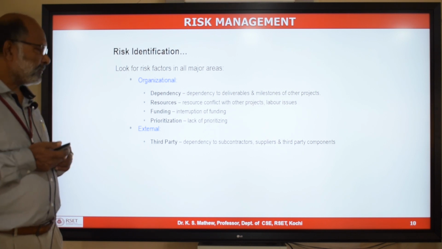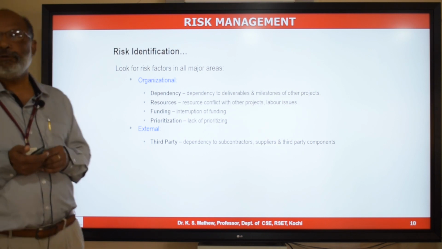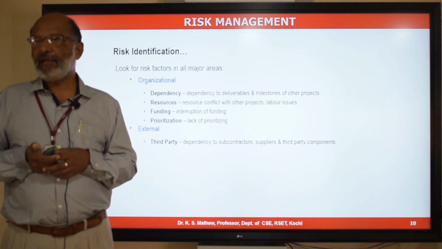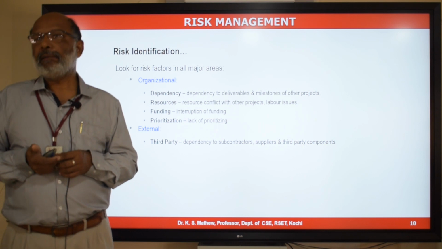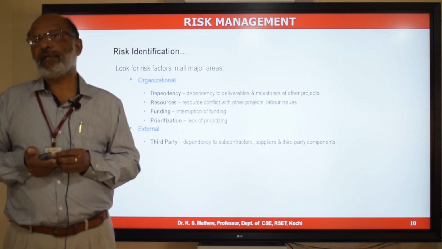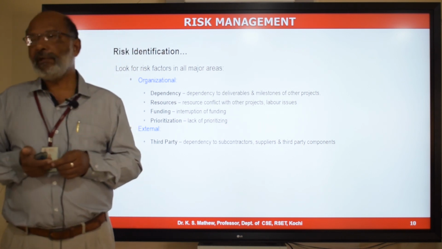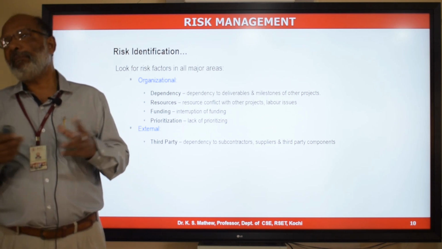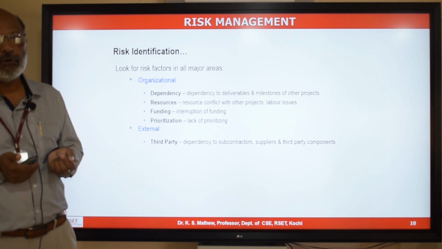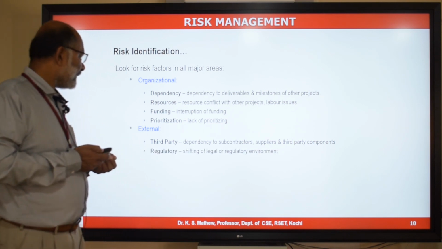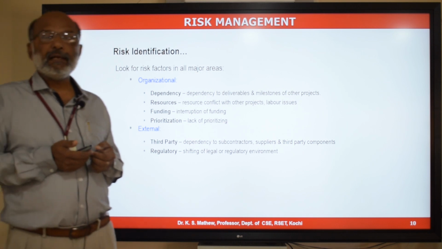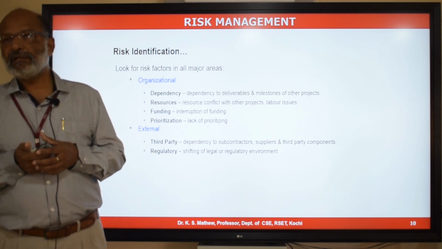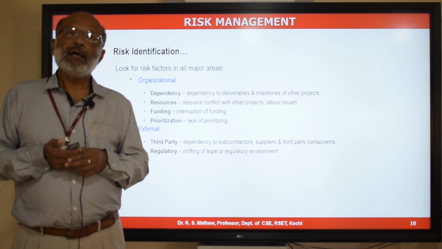Your project may have subcontractors, suppliers, and you may be using third-party components, and if the deliverable from a supplier or subcontractor is delayed, that may lead to a schedule slippage in your project, a risk in your project. Similarly, if there is a quality issue in a third-party component, that can lead to an issue or risk in your project. And regulatory changes in the regulatory environment. Rules and regulations of the government can change during the project. That may also lead to a risk in your project.